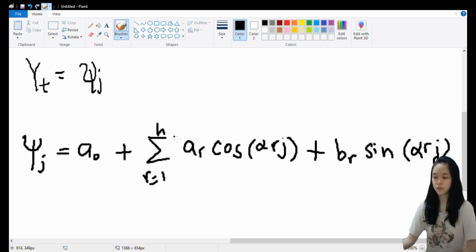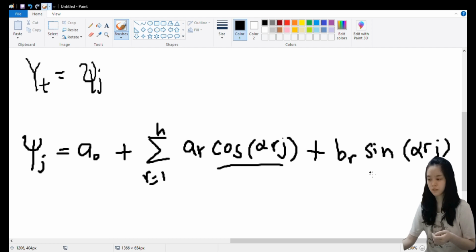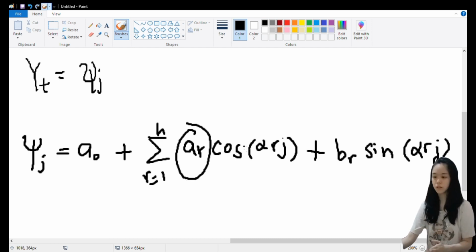I want you to notice several things. The first one is that it is a linear combination of the cosine function and the sine function. The cosine will always be mentioned first. So this a, the cosine coefficient, is always for the odd numbers of j, so j equals 1, 3, 5.